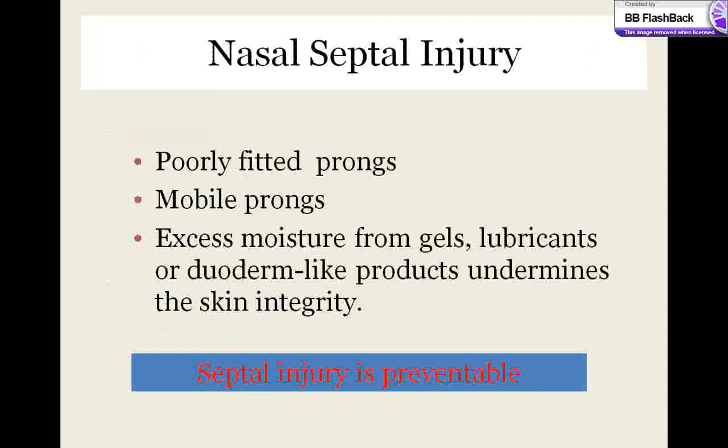Nasal septal injuries are mainly because of poorly fitted or improper size prongs. Meticulous attention needs to be paid while selecting appropriate size of prongs, cap, and at the time of its fixation.